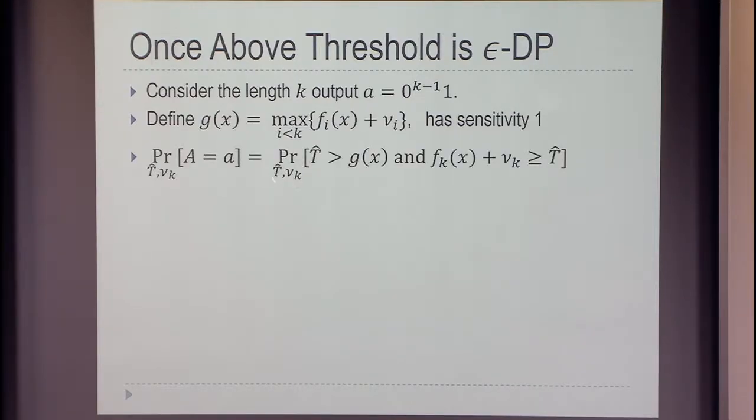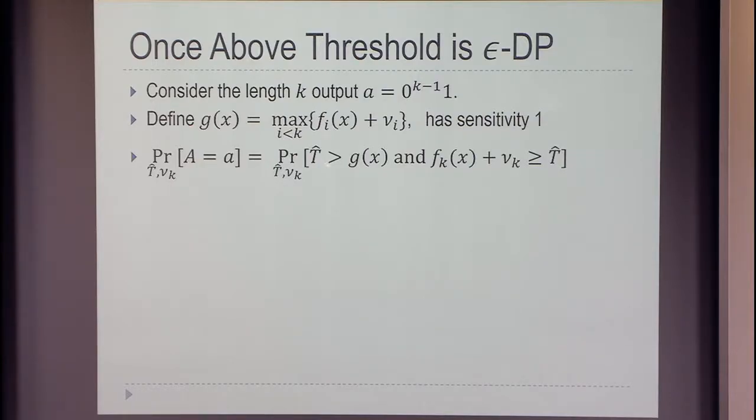So what is the probability, when the data set is x, that we actually produce this string? That's going to be the probability over the noise that we introduced for the threshold and the noise that we've introduced for the kth query, having fixed the noises for queries 1 through k minus 1, that we get this behavior, which is just plugging in from the algorithm.